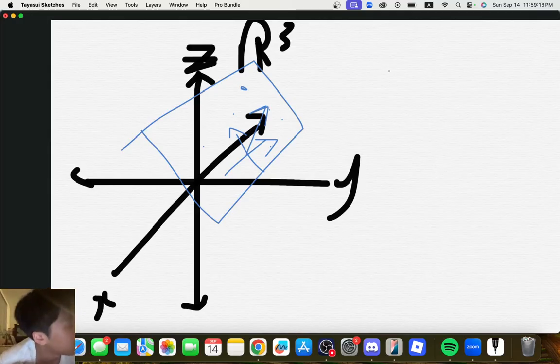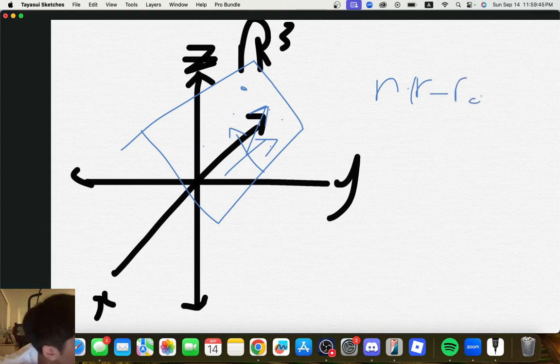I haven't used it in a while. Can't find it. Okay, it's N times R minus RO, where I don't really know what R and RO are, to be honest.